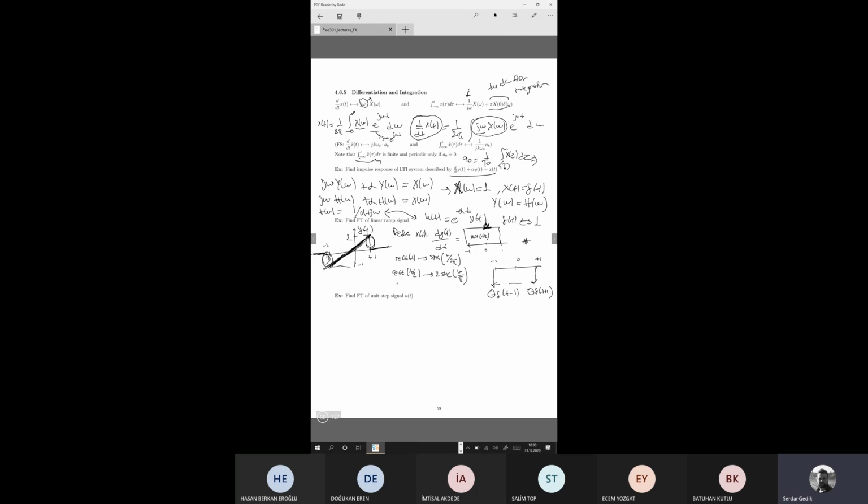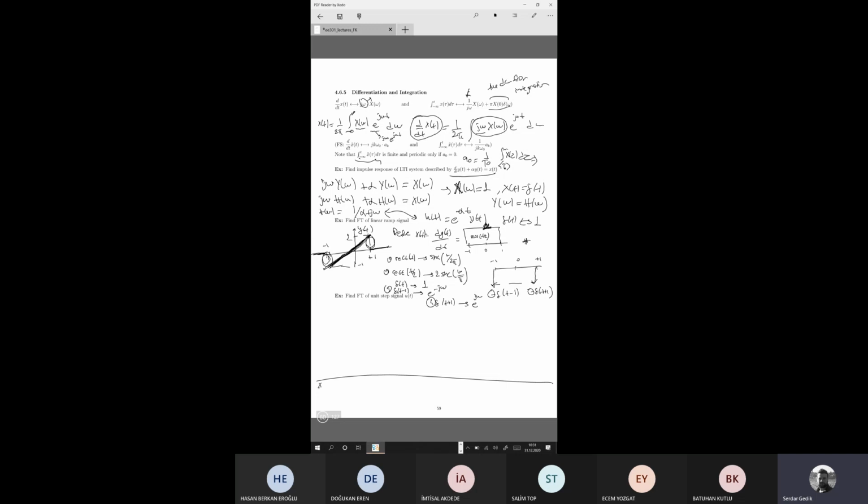And I know that impulse of t has Fourier transform of 1, impulse of t minus 1 has Fourier transform of e to the power minus j omega, and impulse of t plus 1 has Fourier transform of e to the power j omega. So I will use all of them to find the Fourier transform of x of t, and then I will find y of t. Let me continue from there.